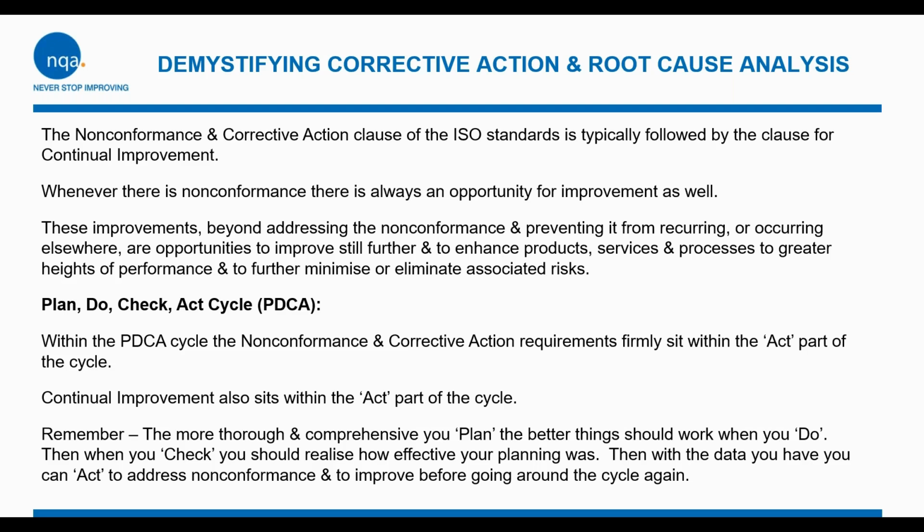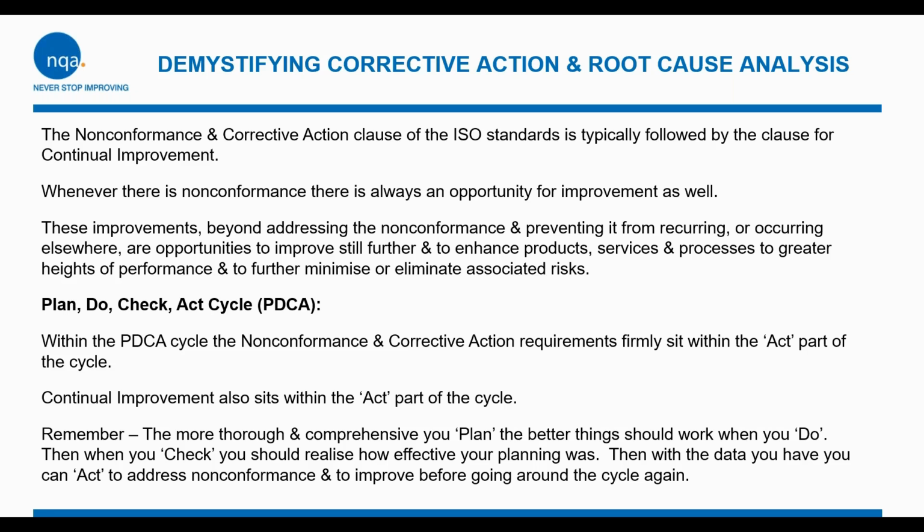I'm sure most of us are familiar with the PDCA cycle of Plan, Do, Check, Act. Within this cycle, the non-conformance and corrective action requirements firmly sit within the Act part of the cycle. Continual improvement also sits within the Act part of the cycle.